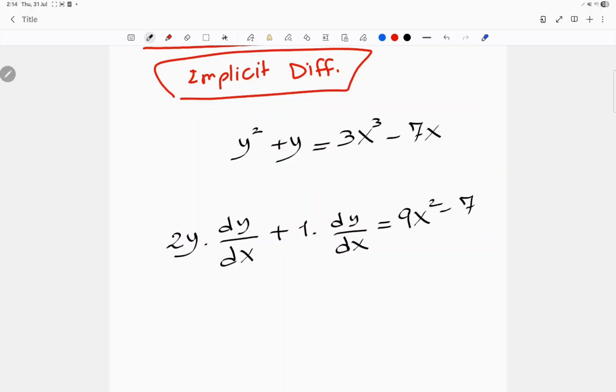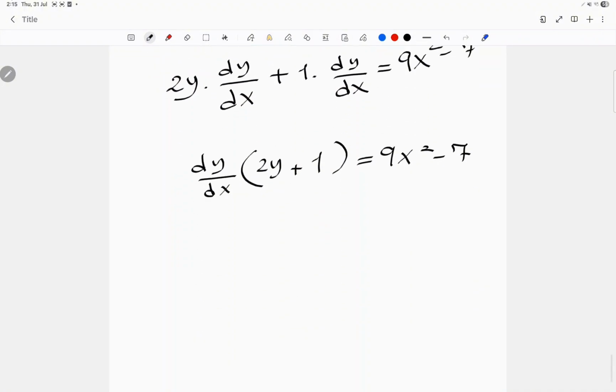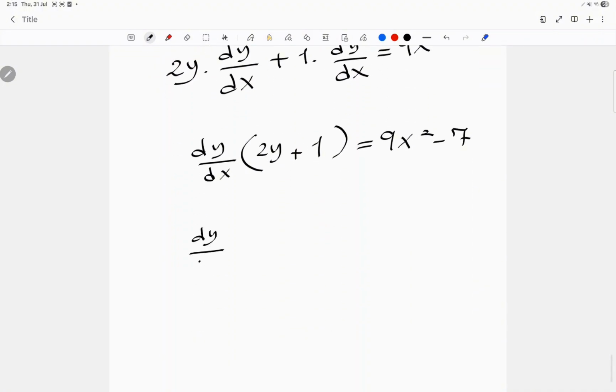Now please factor dy over dx on the left side. You guys know what that means, right? Factor it. Bracket 2y plus 1 is equal to 9x squared minus 7. So essentially, dy over dx is equal to 9x squared minus 7 over 2y plus 1.